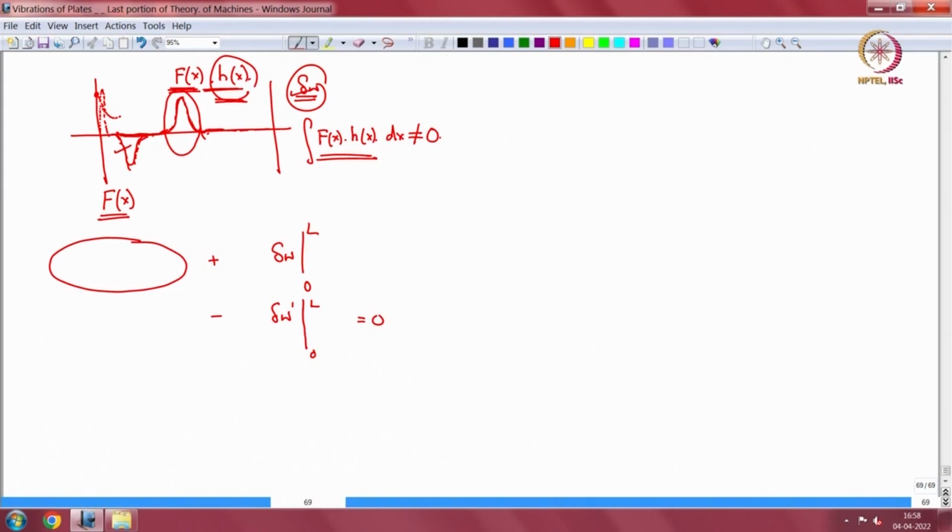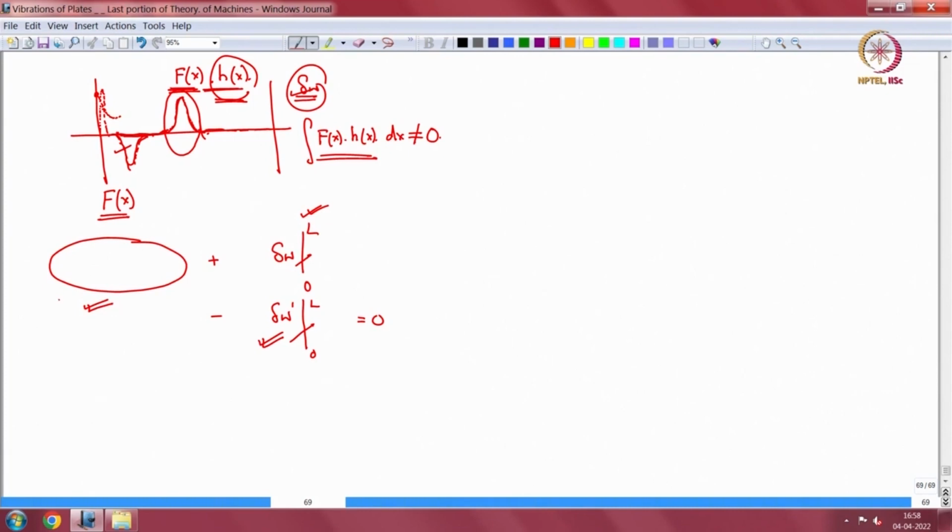Now here the strategy is actually that we find first delta W and delta W dash such that they are 0 at the boundaries, so that the boundary terms are not there. Then we prove that the differential equation by itself holds and goes to 0.